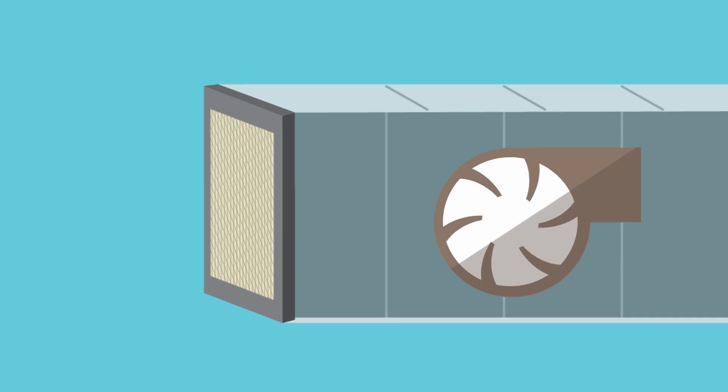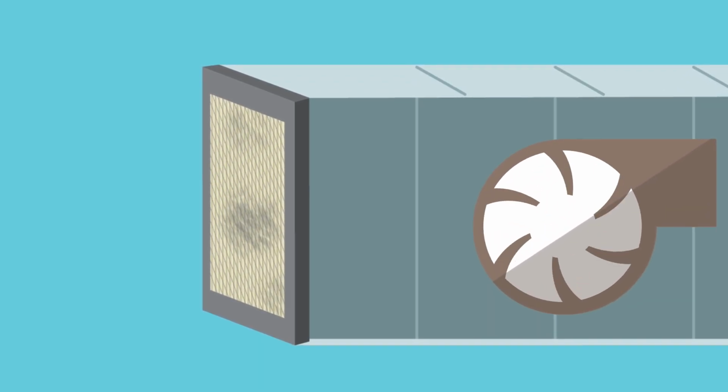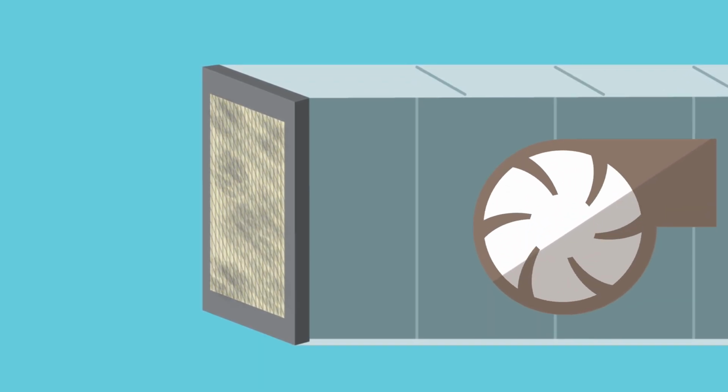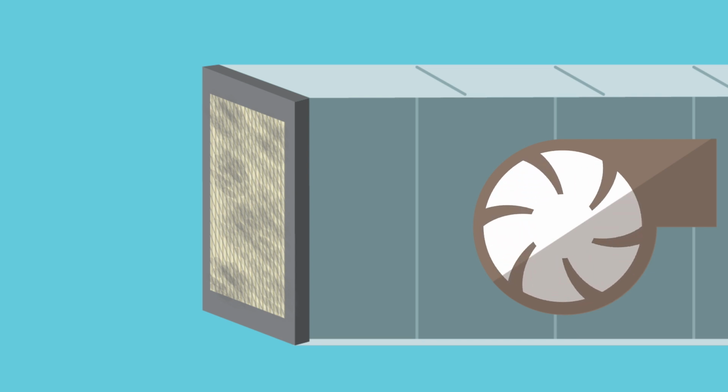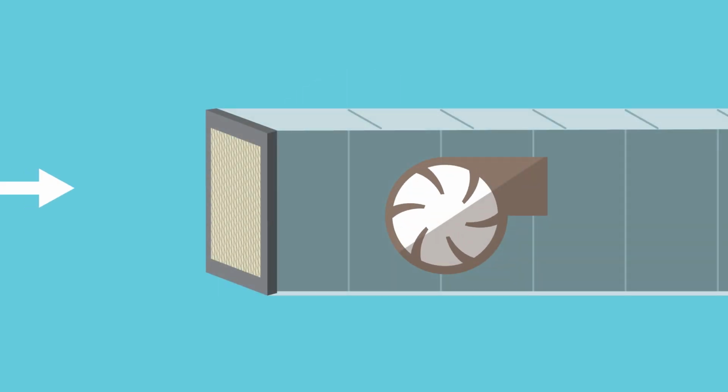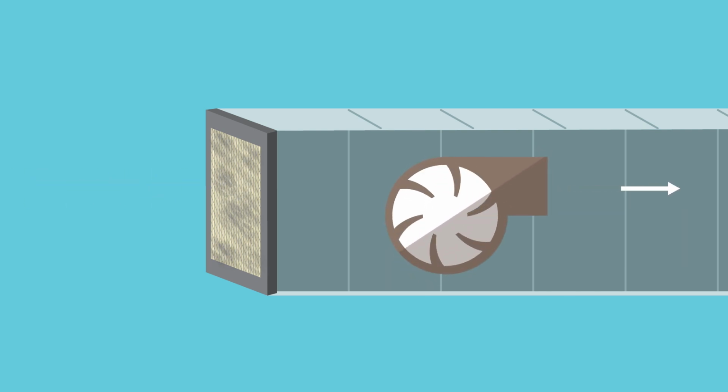HVAC filters need to be periodically replaced because, over time, they get dirty from all the particles they've removed from the air, which causes them to stop working as well. Filters are usually replaced on a schedule. Some systems will allow you to measure the pressure drop across the filter to help you decide when replacement is needed.